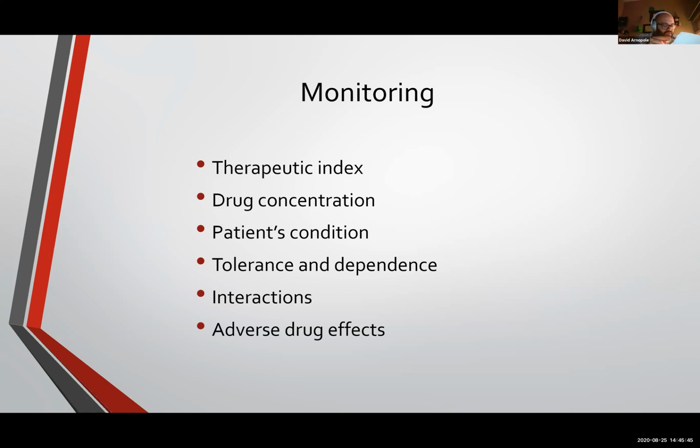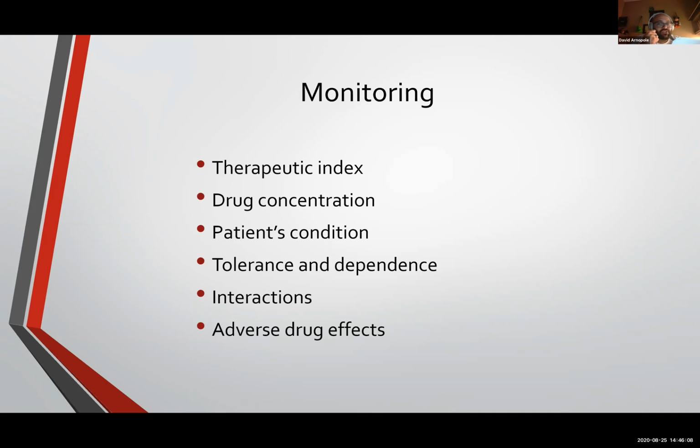We're going to go into each of these in just a moment, but therapeutic index: is there enough medication, or not enough medication to be therapeutic? Do they have what they need for the medicine to work? And that deals with drug concentration, how much is actually there in the body.